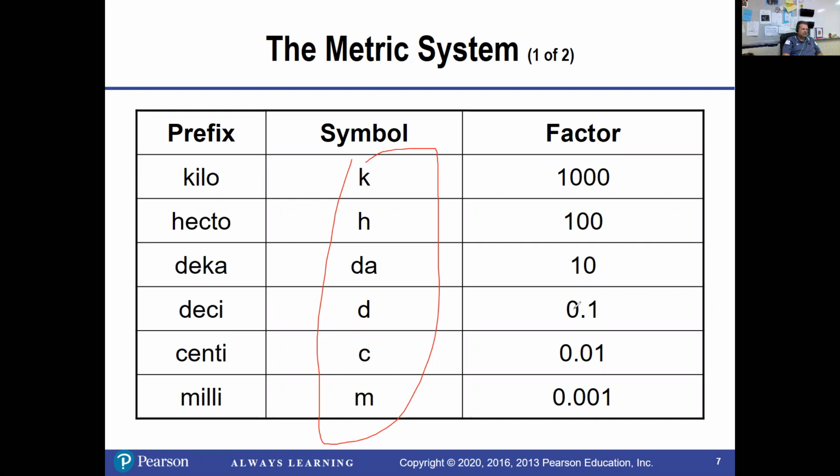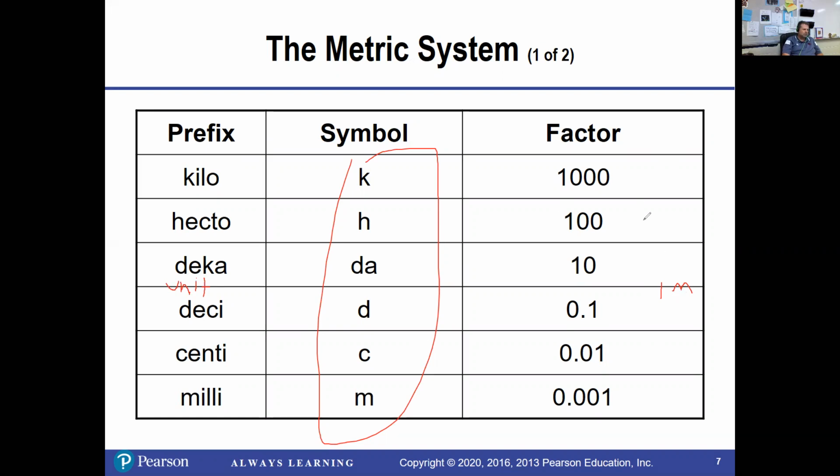Now the difference is your units. You're going to have units right here, like a meter, 1 meter. Then you have a decimeter as a part of a meter. A decameter is multiple meters.